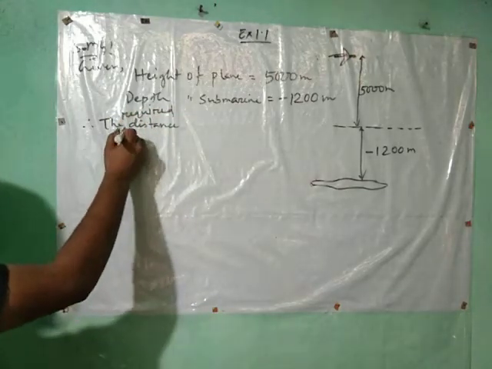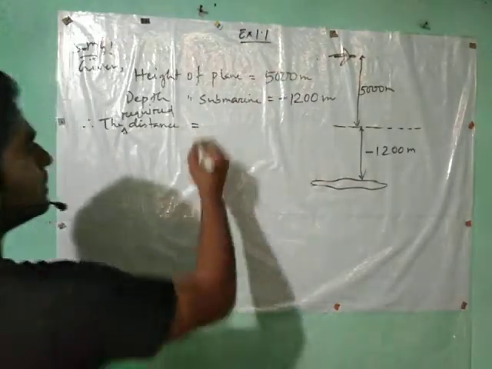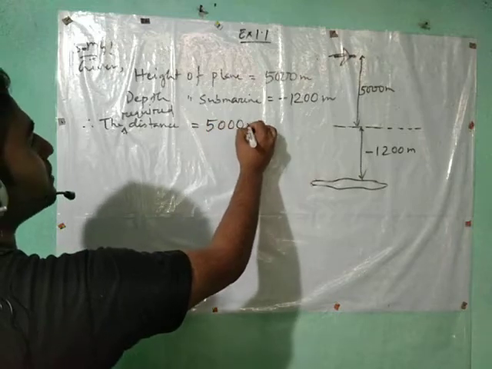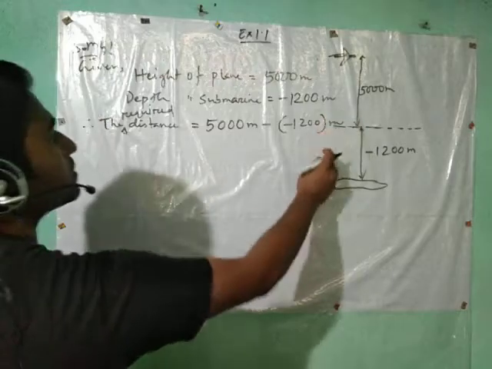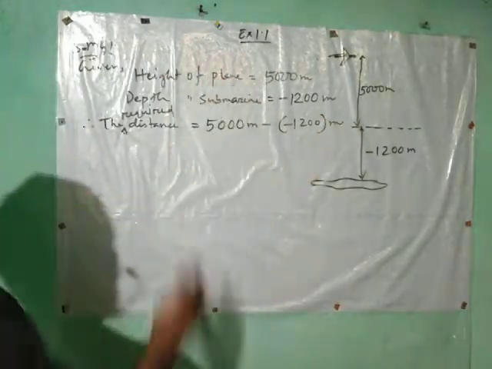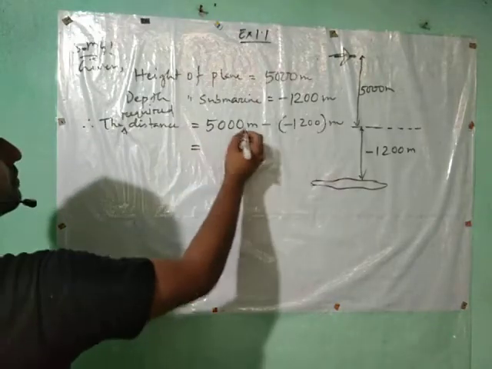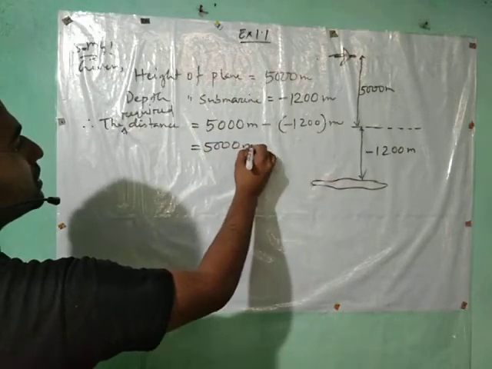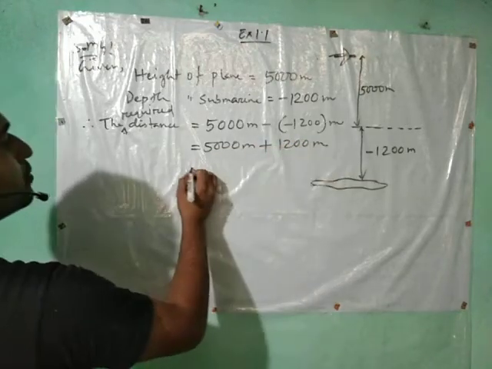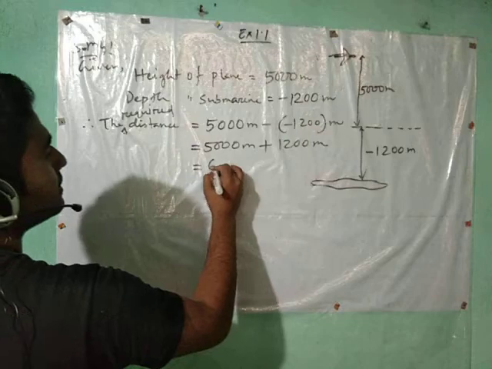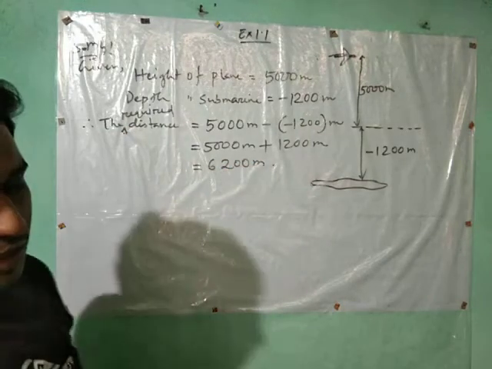How will we find the required distance? Just make the difference. The required distance equals 5,000 meters minus of -1200 meters. Understood? If you take the difference of these two, the height will come out. 5,000 meters minus into minus is plus 1200 meters. If you add both of them, how much will you get? 6,200 meters. This will be your answer. So see how simple it is.